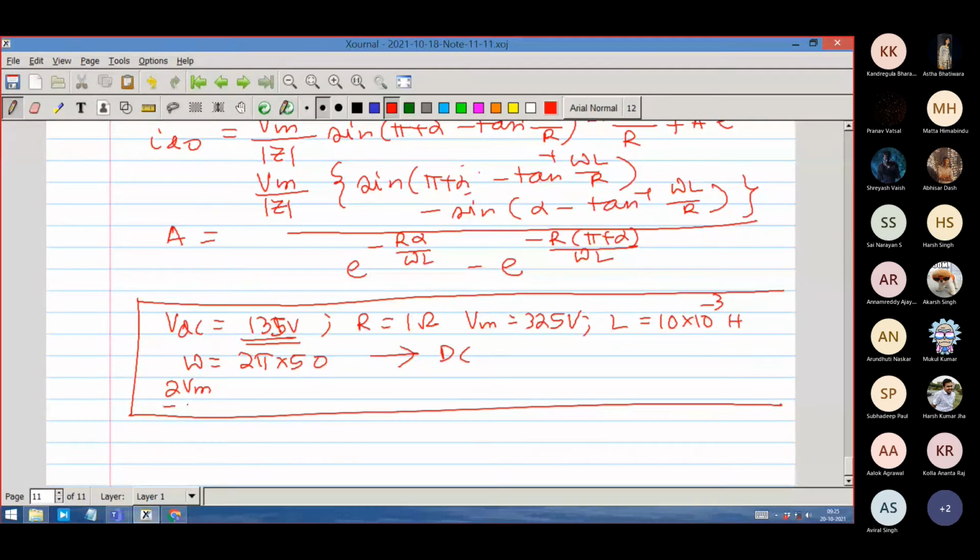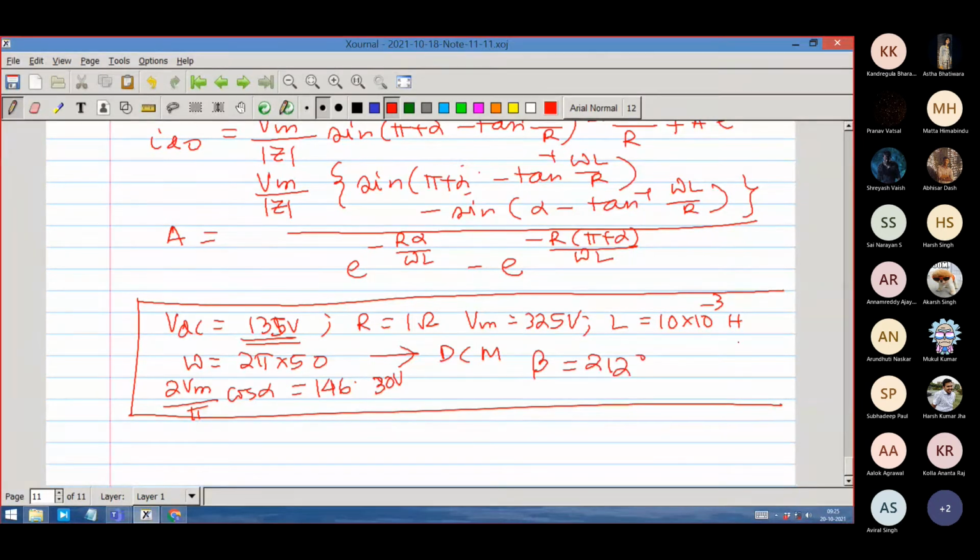I am getting, still I am getting DCM because I am getting beta is equal to 212 degrees. Here alpha was 45 degrees, sorry. So I didn't do the calculation. I have to put a higher value of L.